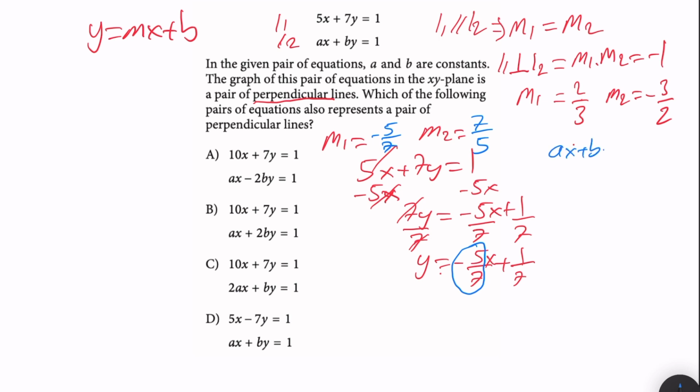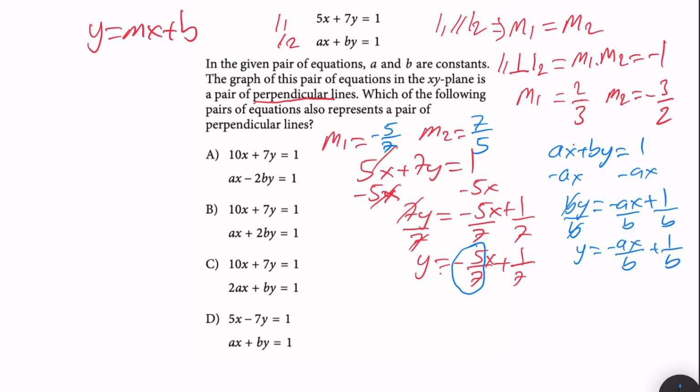ax plus by is equal to 1, so I need to get y by itself. I'm going to take away ax from both sides again. So by will be equal to -ax plus 1, divide both sides by b. So y is equal to -ax over b plus 1 over b.